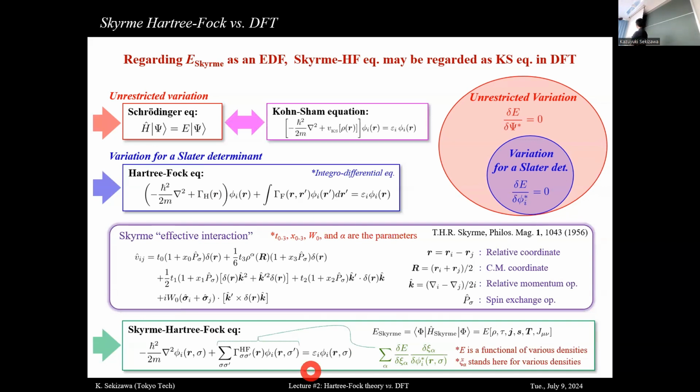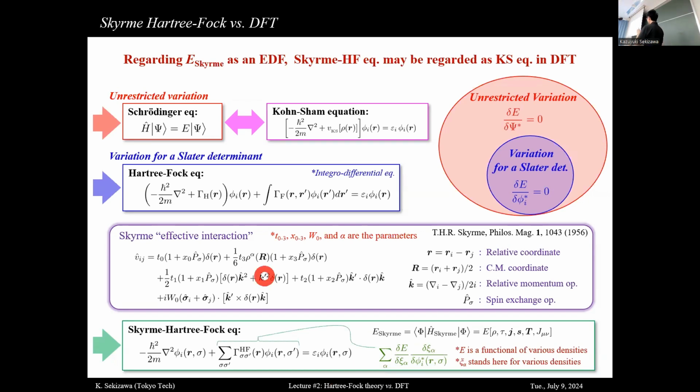So that's the point. Although many people in the nuclear physics community say we use Hartree-Fock theory or Hartree-Fock approximation, it should actually be regarded as a Kohn-Sham equation in the context of DFT. Especially since the interaction contains density dependence, the Hamiltonian is not rigorously defined.